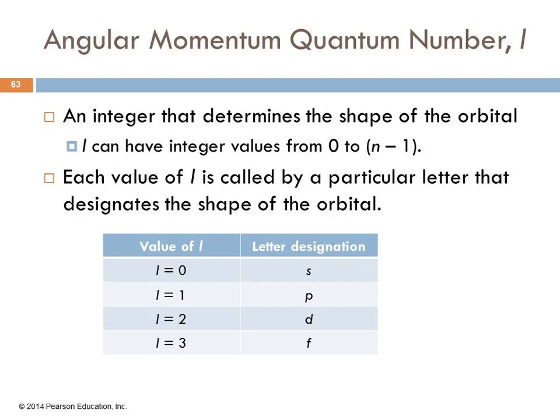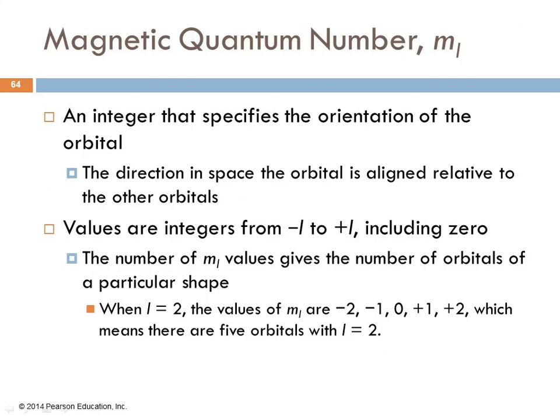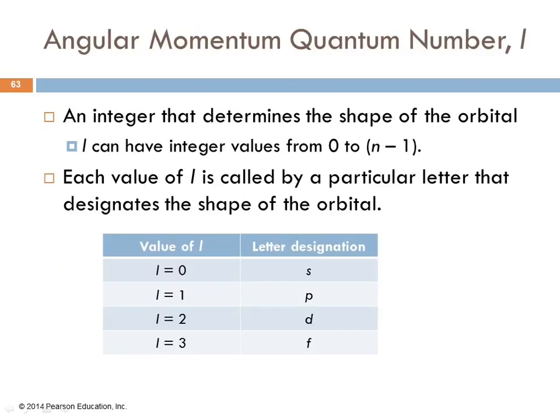So what would happen if n was 3? Then n minus 1 would be what? 2. And so L then could be 0, 1, or 2. So it starts at 0 and goes up to n minus 1.